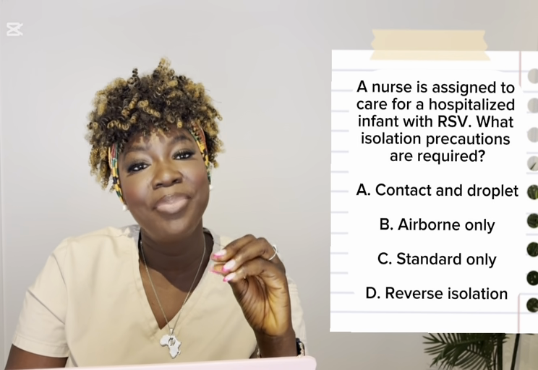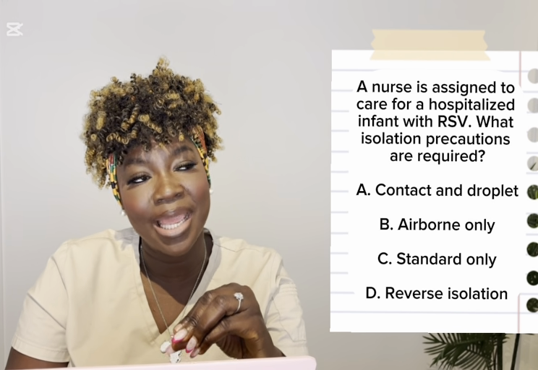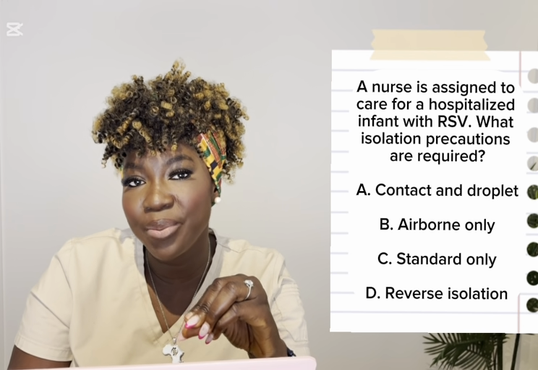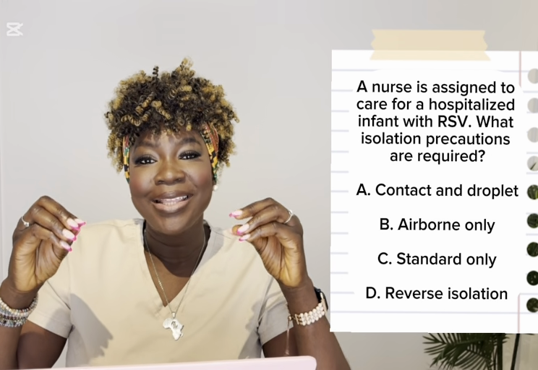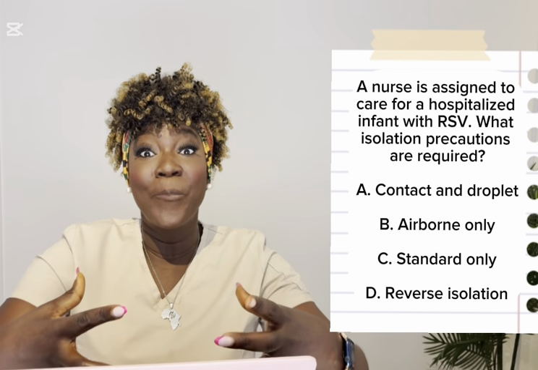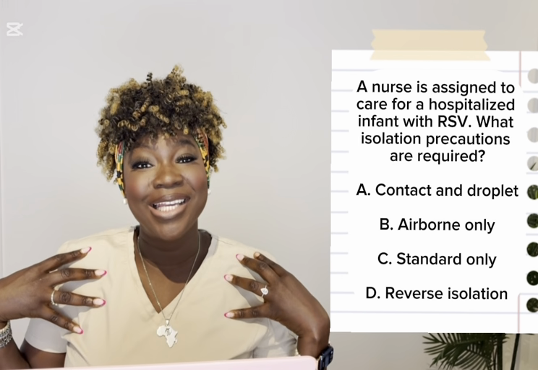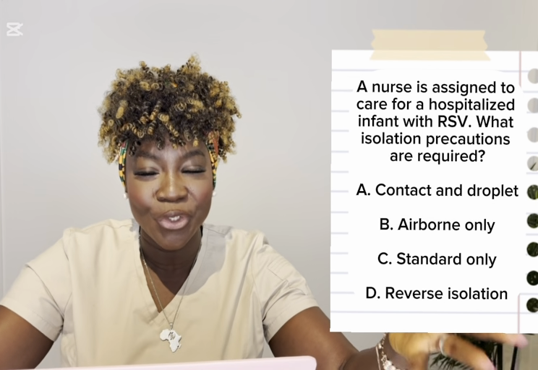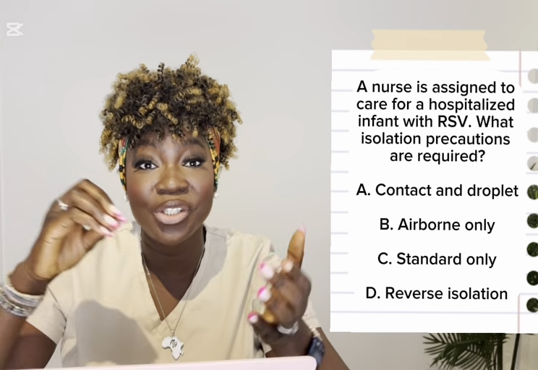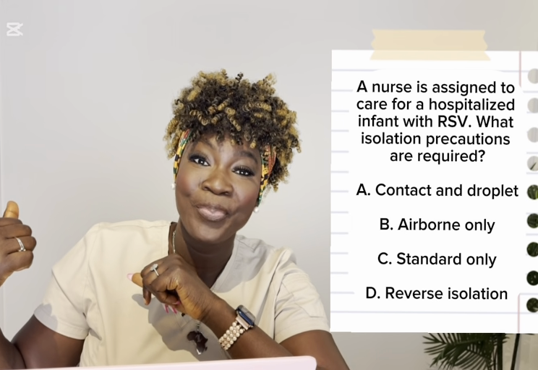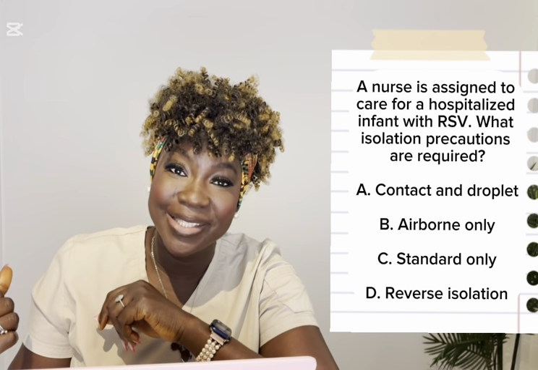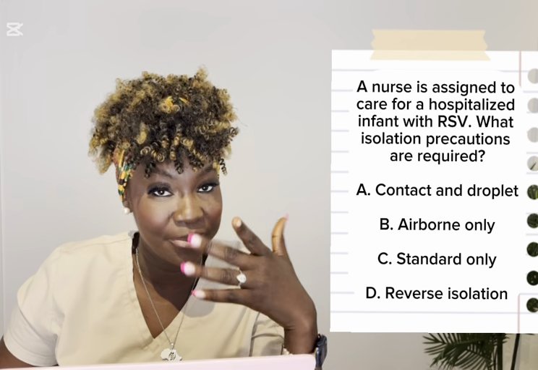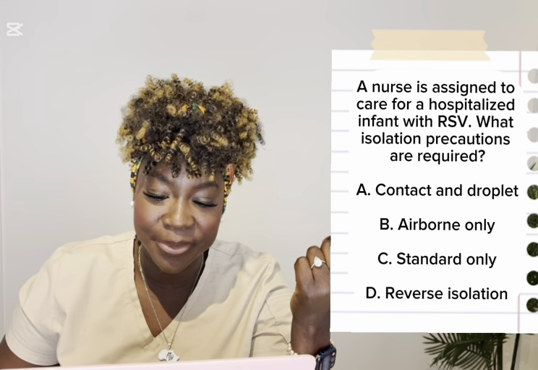Reverse isolation is used for patients that are immunocompromised, like patients on chemo, because they have a weakened immune system. This isolation is protecting the patient from getting infection, not the patient spreading it out. So the goal is to protect the patient from getting infection. That is reverse isolation, but it's not applicable to RSV.